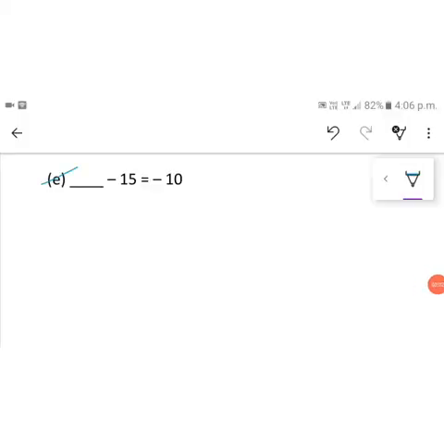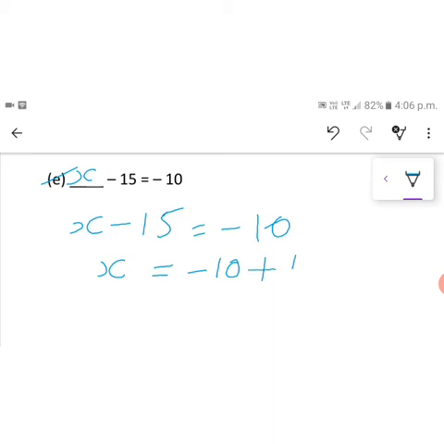E part. Let x be the missing number. X minus 15 equal to minus 10. X equal to minus 10. Take minus 15 to the right hand side. It becomes plus 15. Here both numbers have different sign. So subtract these two numbers.